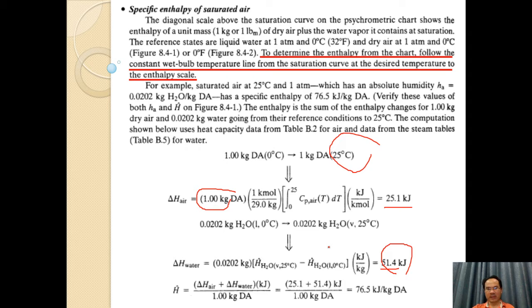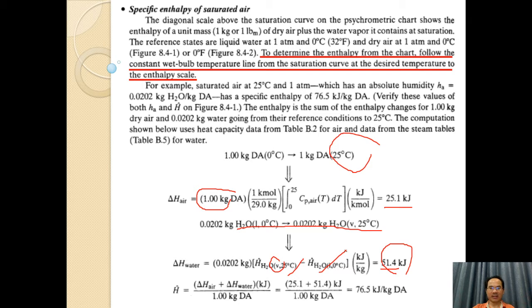For this case, there is no special technique, but you can use the steam table. It is not necessary to integrate Cp or change from 0 degrees to 25 degrees. You can open the steam table for vapor at 25 degrees Celsius, and then open the steam table at 0 degrees Celsius for the liquid phase.